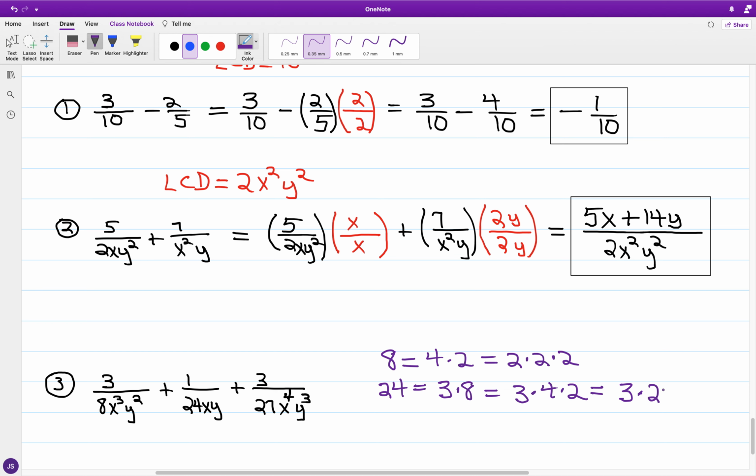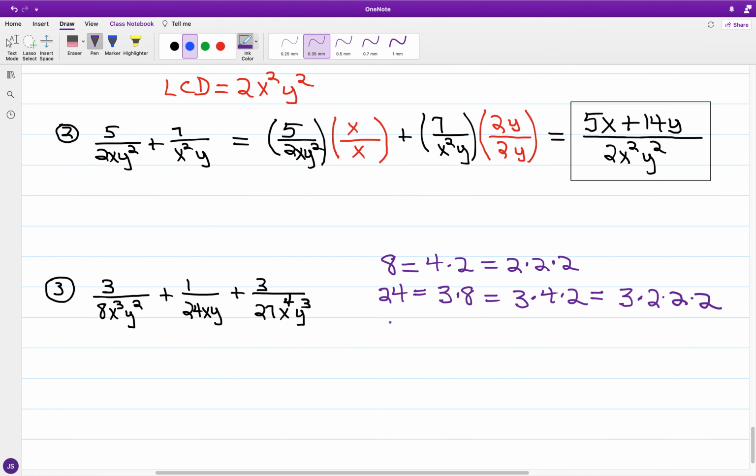And 4 we can factor out to 2 times 2, and you got times 2. And for 27, you have 3 times 9. And 9 is factorable to 3 times 3.